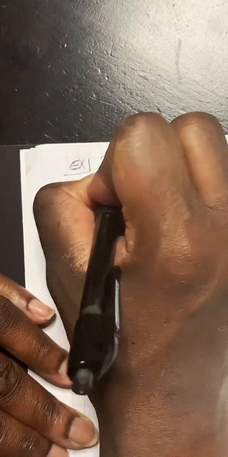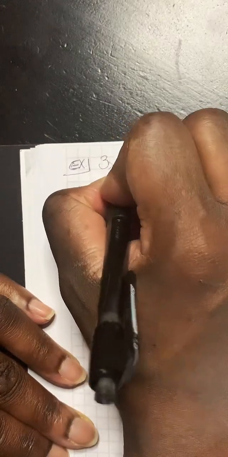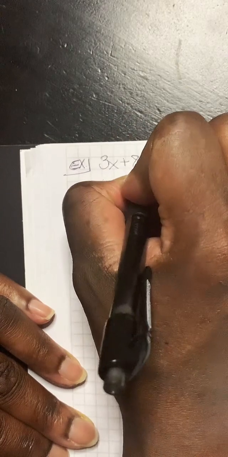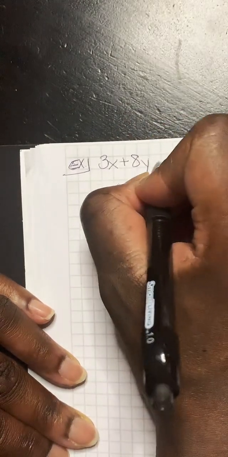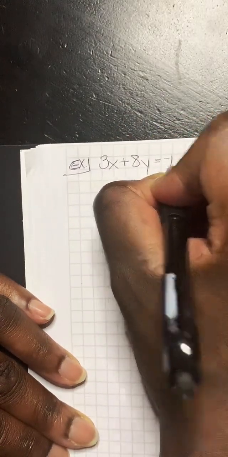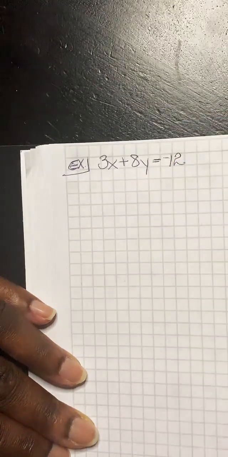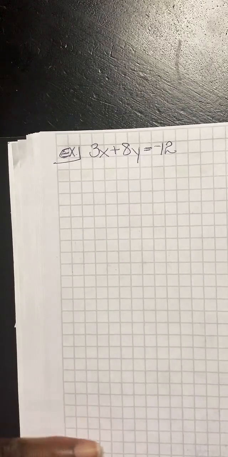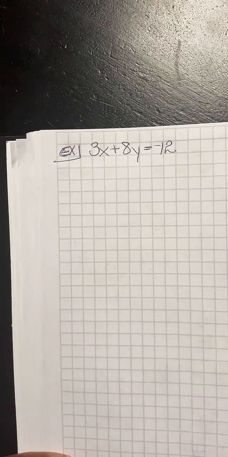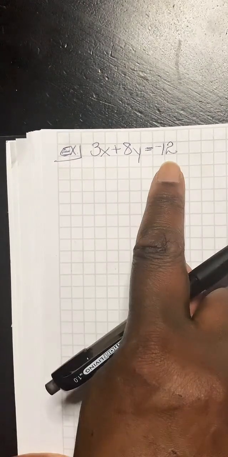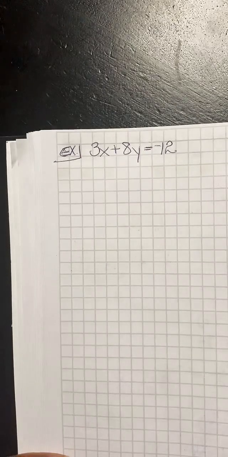We have 3x plus 8y is equal to negative 12. Okay. So we want to change it from standard form to that slope-intercept form, aka solve for y.